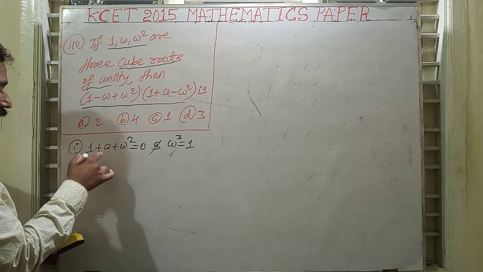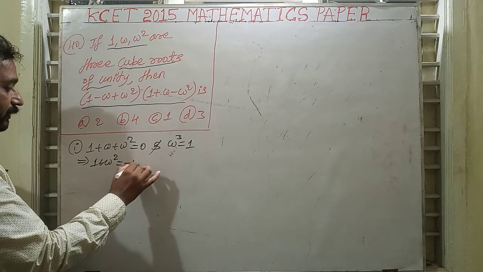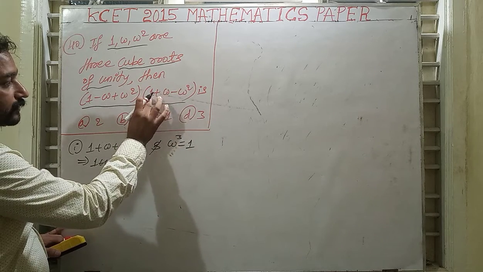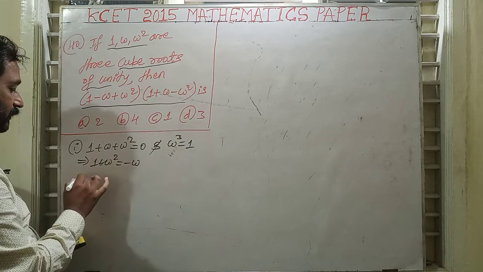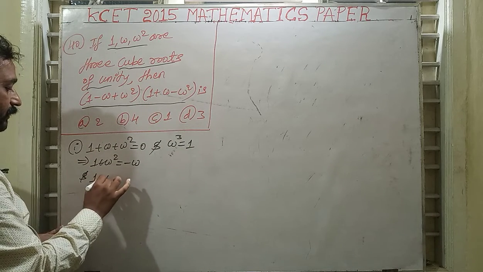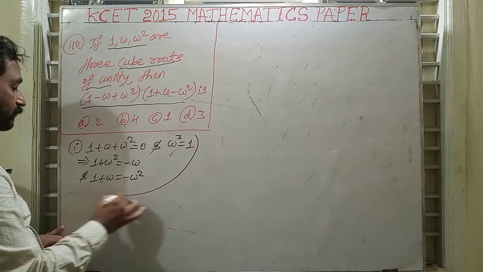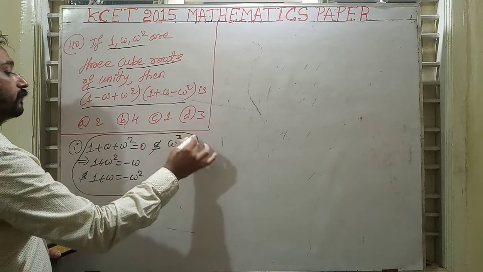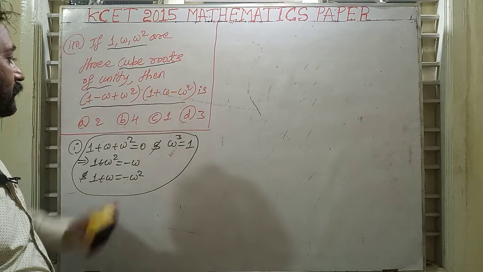So write down 1 plus omega square is equal to minus omega. 1 plus omega can be written as minus omega square. Using these three formulas, we have to find the product of this quantity.